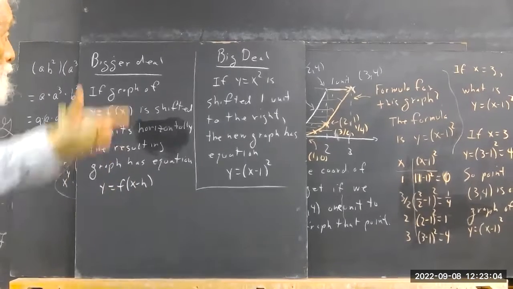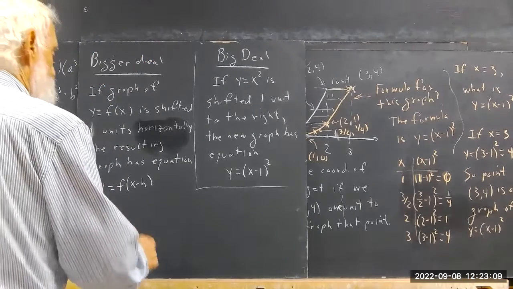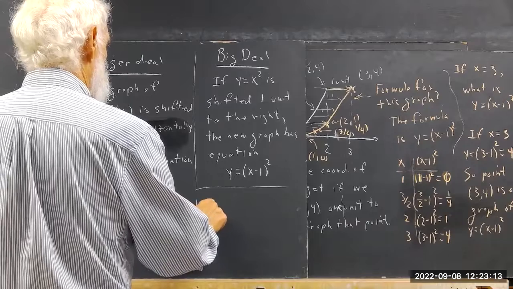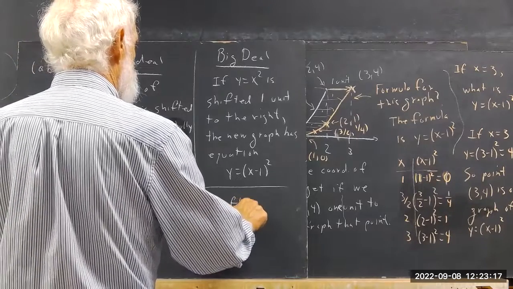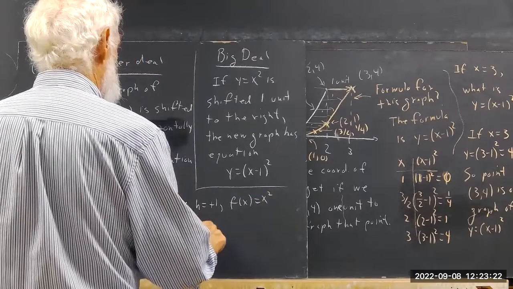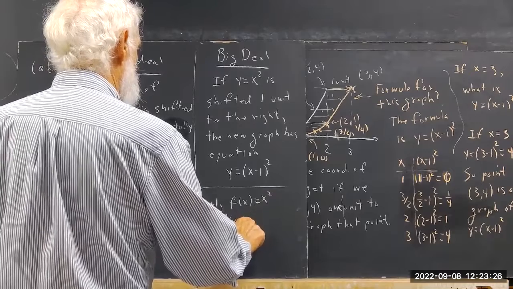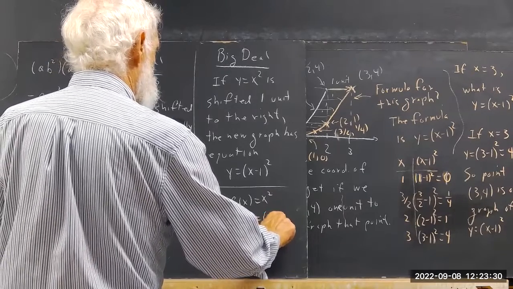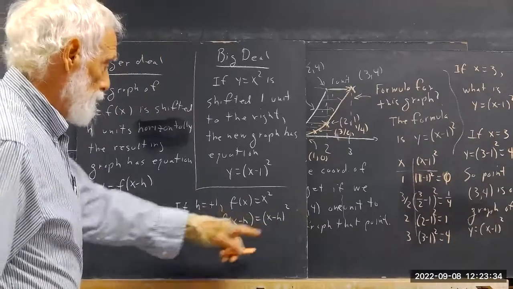Now, if f of x is x squared, note that f of x minus h is x minus h squared.